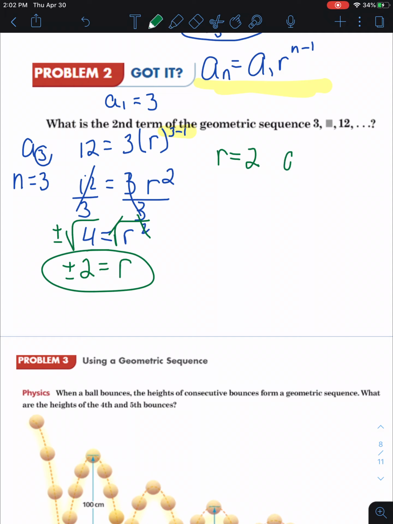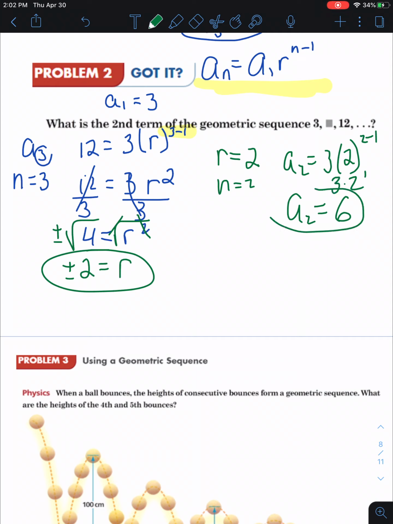So we're going to go a sub 2 equals, first term, 3 times positive 2 for the first one, to the, and then again it's the second term, so in this one n is 2. We'll go with 2 minus 1, which is 1, which gives me a sub 2 as being 6. 2 to the first power is 2, and 2 times 3 is 6. So there's the answer when r is 2.